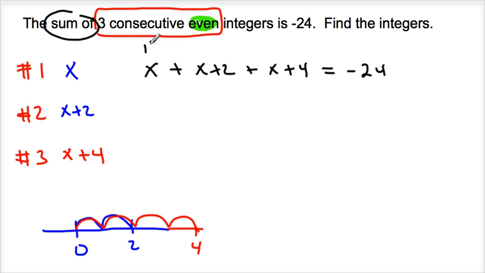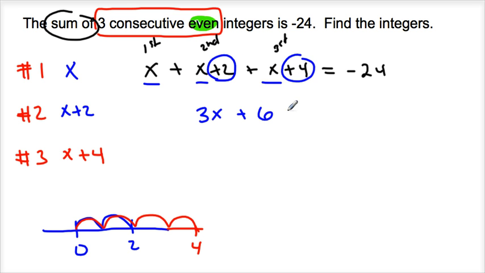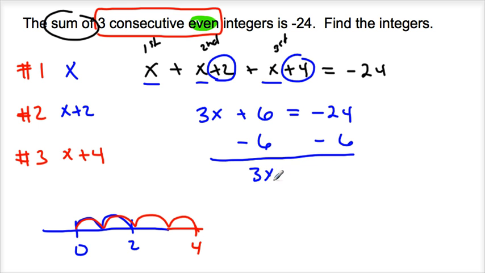So let's add up all the x's: x plus x plus x, we get 3x. Then 2 plus 4 we get 6. Combine like terms, equals -24. Then down to our two-step equation, 3x equals -30. Divide both sides by 3. X equals -10.